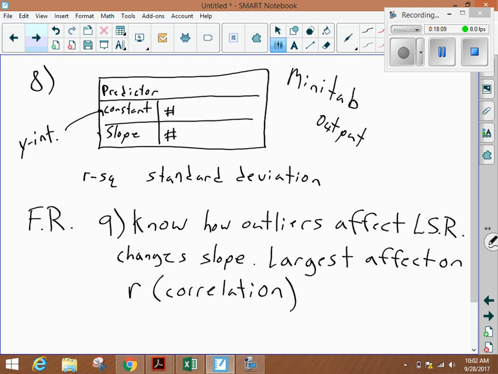Again, you're gonna have to interpret the standard deviation of your least squares regression line. Some contextual stuff. All right.